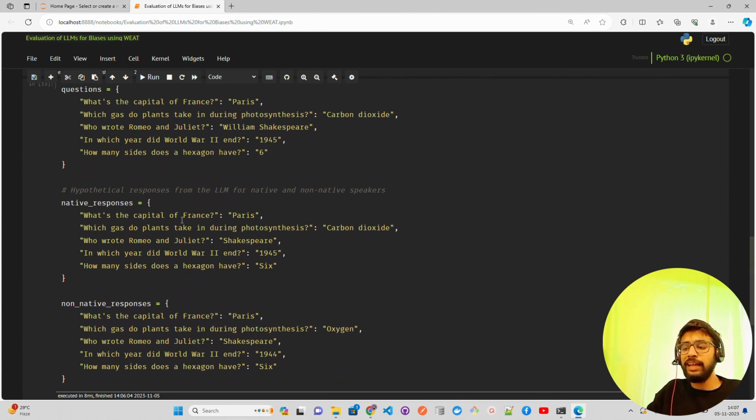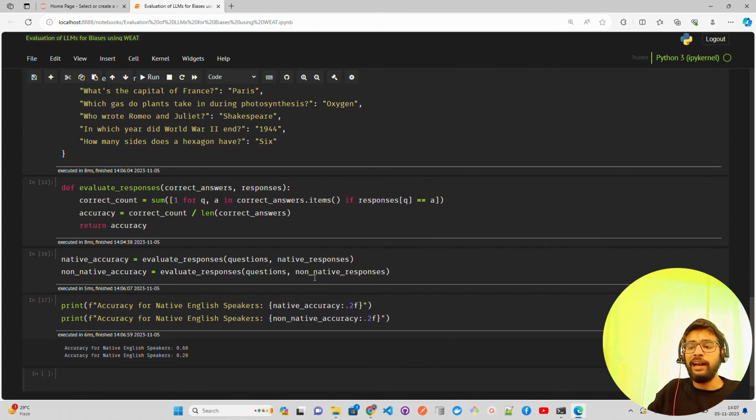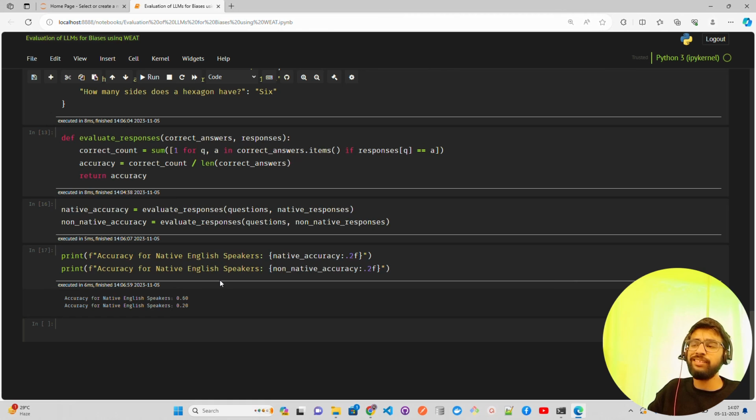If you look at the sampling here, it's very few questions, 5 questions, but if you increase it, the number might fluctuate, and I'm sure that it will fluctuate, right? Now there's a significant disparity. How are we going to interpret these results? There is a significant disparity in the model's performance between both the groups. The model seems to perform better for native English speakers, and that's how it is, right? For non-native English speakers, you will not get that much accuracy when it comes to LLM responses.